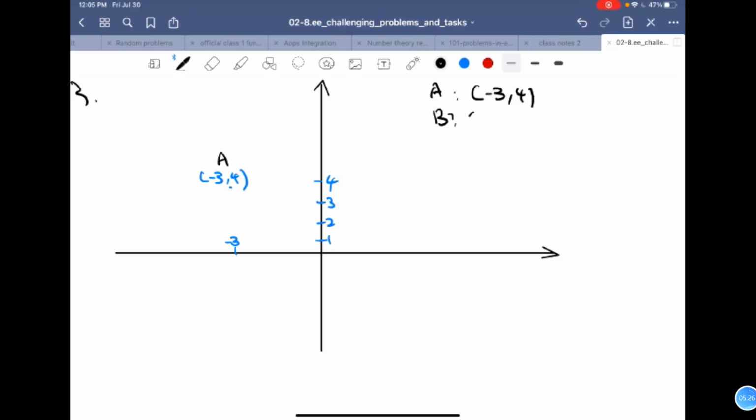B is (-3, -4). How would you use a mathematical expression to describe the process that you transform A to B? You translate A 4 units down.